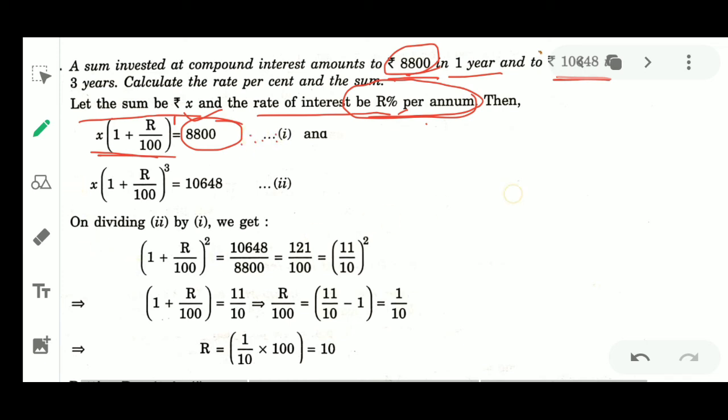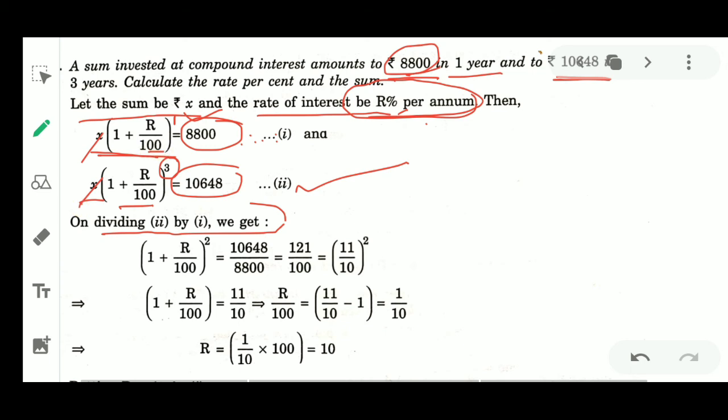Then the amount for the third year will be P into 1 plus r by 100 whole to the power n, that is 3, equal to 10,648 according to the question. So mark it as equation number 2. Okay, now divide equation 2 by equation 1. You will get 1 plus r by 100 because x will be cancelled.